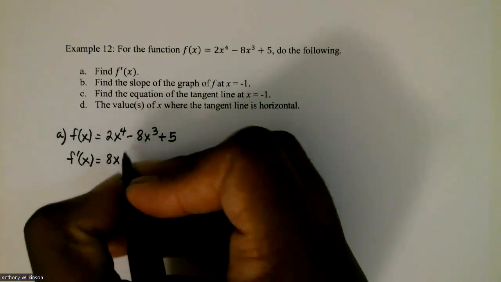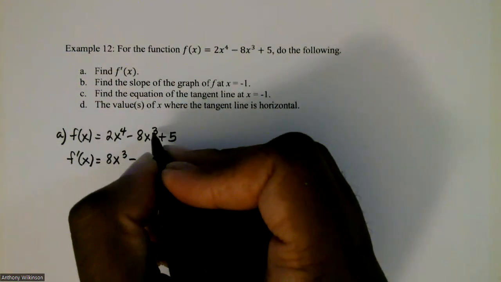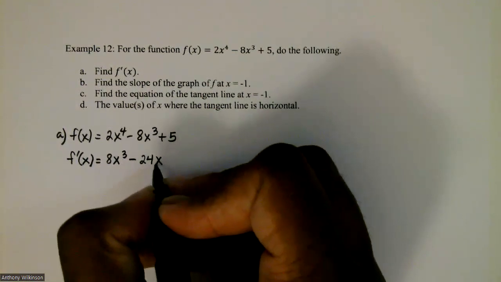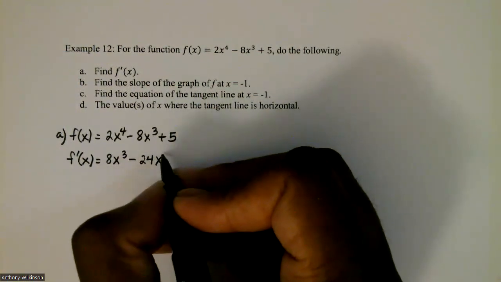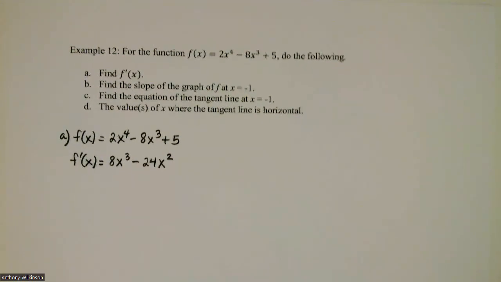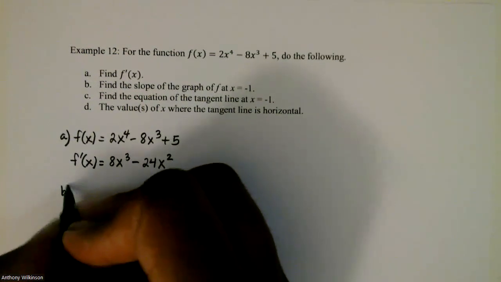Copy the x over to the 1 less power. It'd be x cubed. And then minus, bring the 3 down, multiplied by 8, you'll get the 24. X to the 1 less power. 3 minus 1 will be 2. The derivative of that constant will be 0. So f prime of x will be equal to 8x cubed minus 24x squared. That's part A right there, just finding f prime of x.